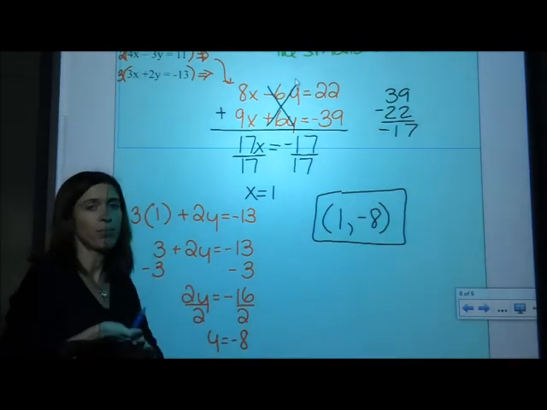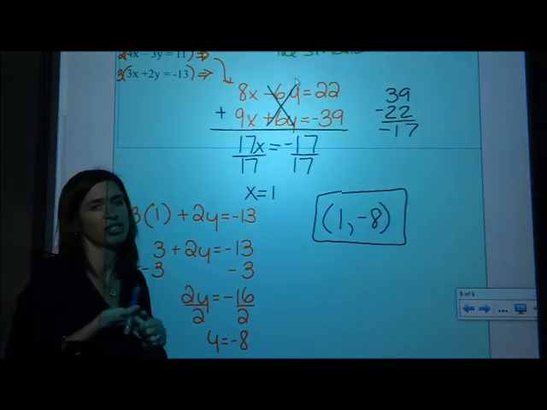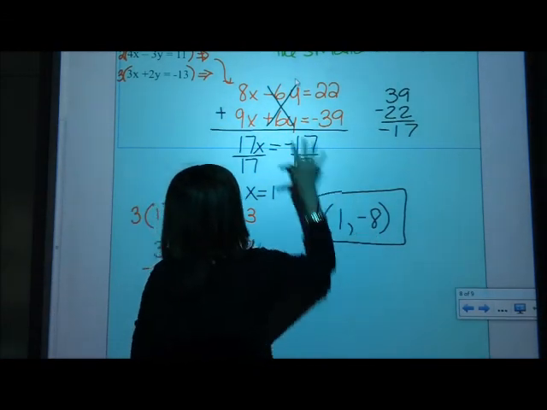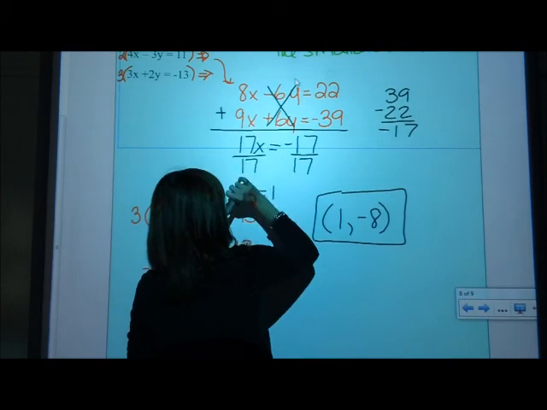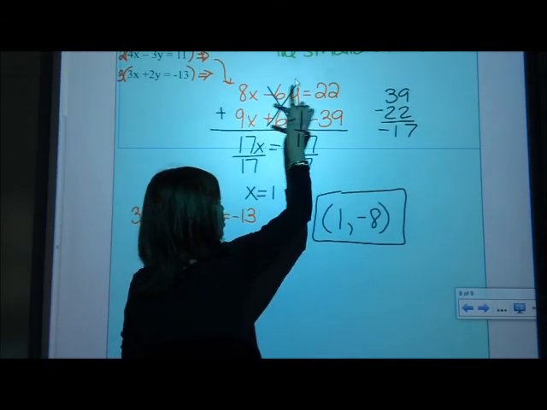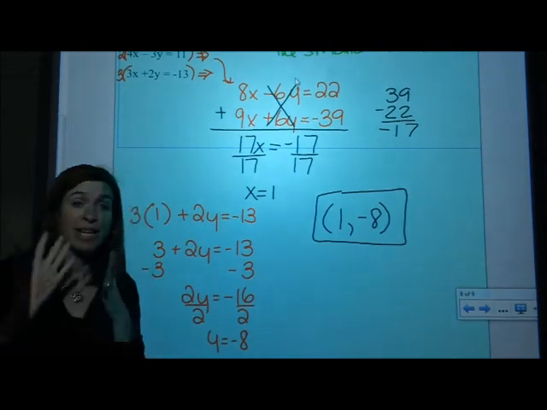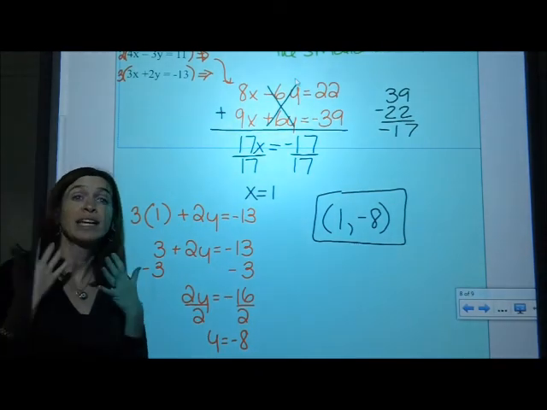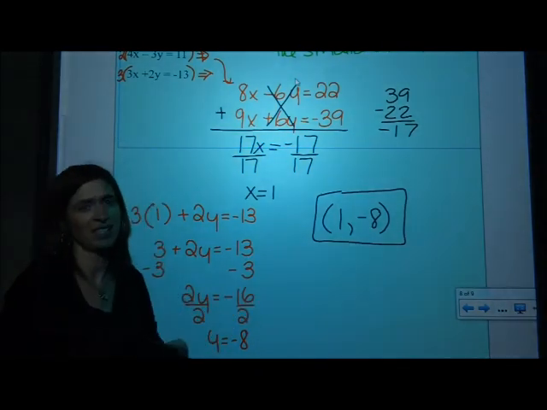It also means the point which makes both of the equations true. It has to be true for both equations in order for that to be the solution to the system.